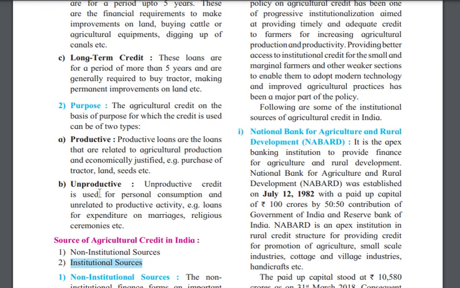Okay, so these are the things which are very important, you should know about them. And the second thing I want to tell you is the sources of agriculture credit in India. What are the sources of agriculture credit in India?